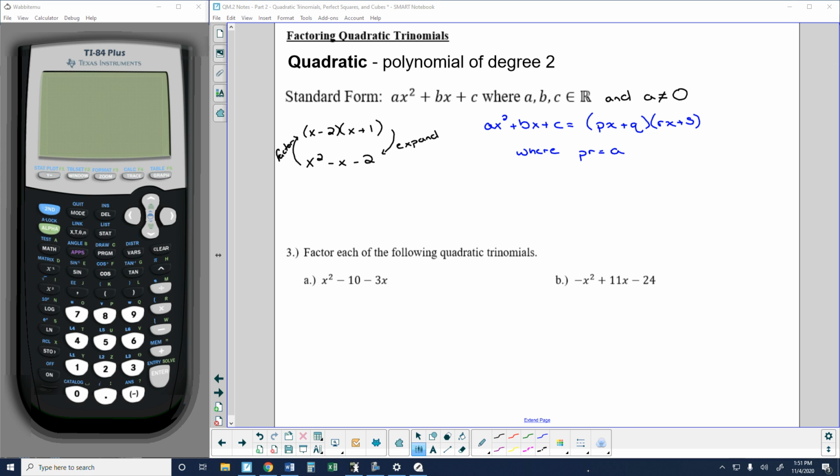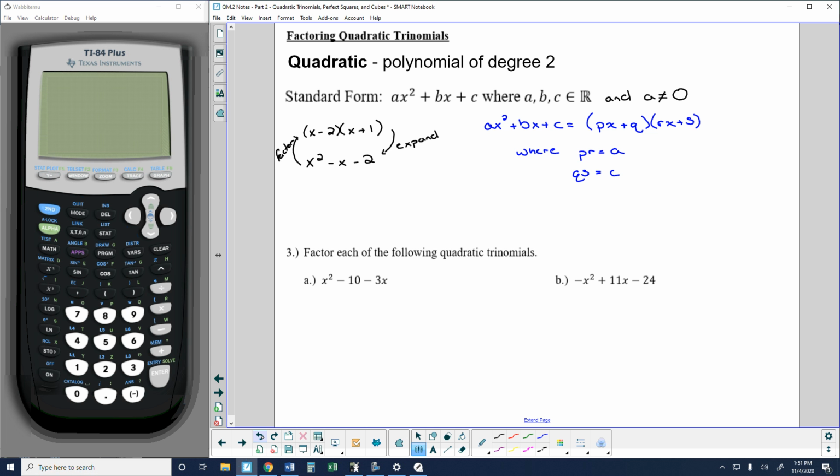And also q times s are factors of c. In addition, if we do this process of distribution, q times r and p times s, if you add those two together, it's going to be equal to b.